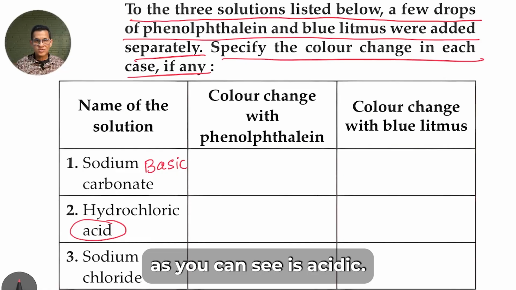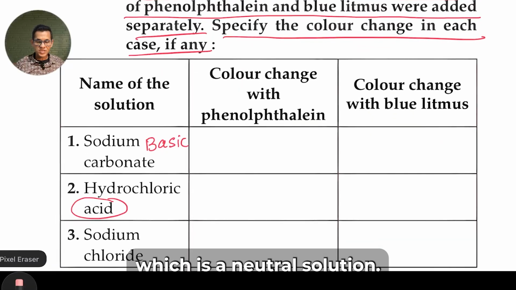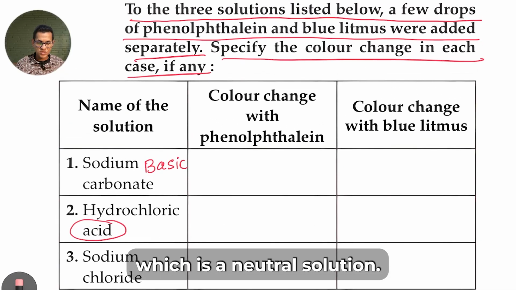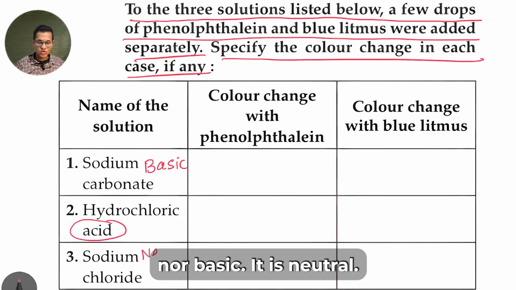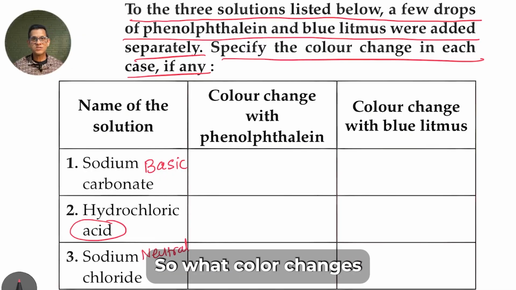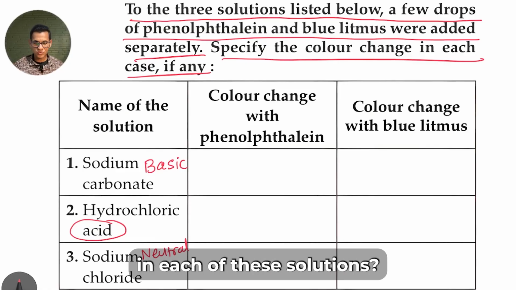Hydrochloric acid, as you can see, is acidic. And the third one is sodium chloride, which is a neutral solution. Sodium chloride is neither acidic nor basic, it is neutral. So what color changes will phenolphthalein and blue litmus show in each of these solutions?